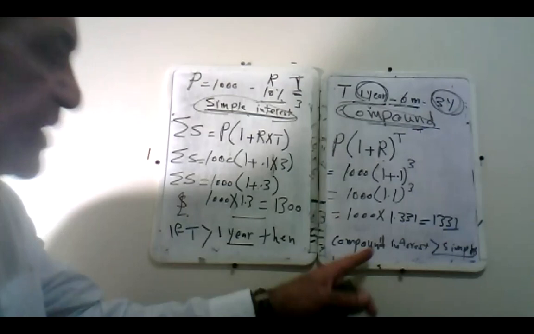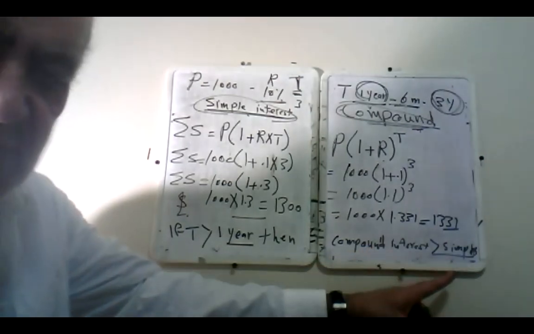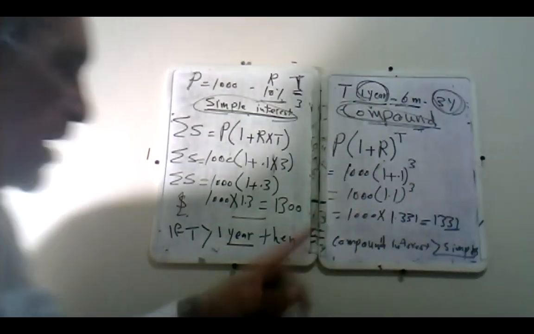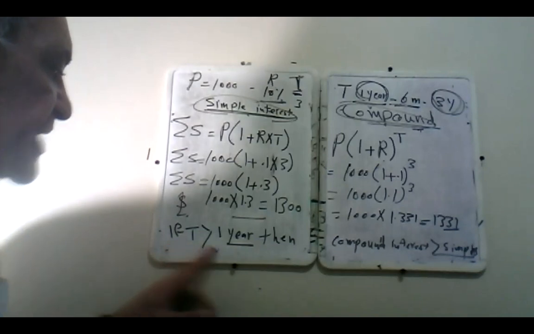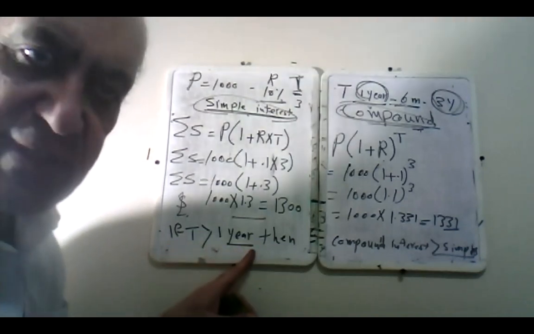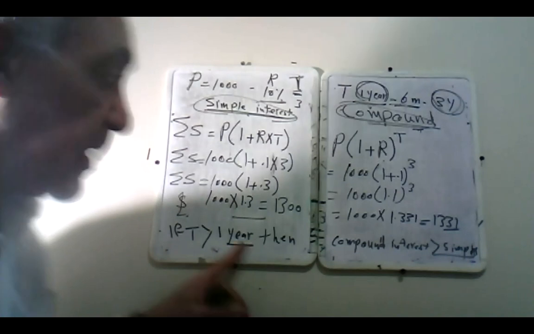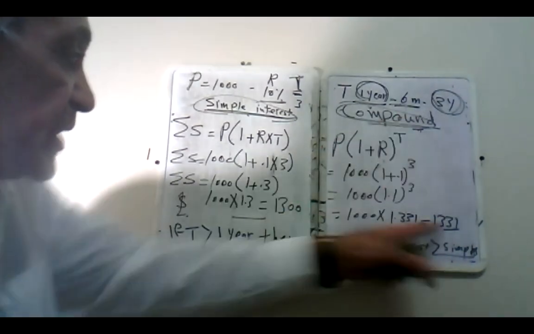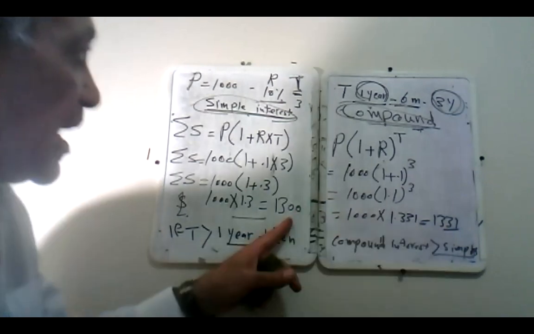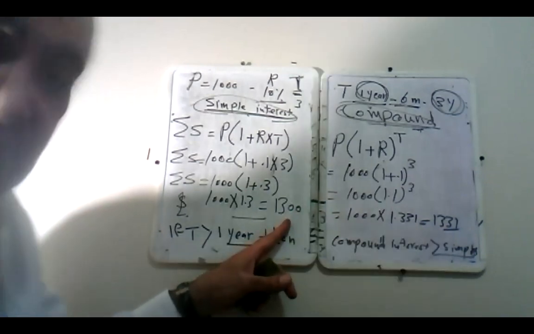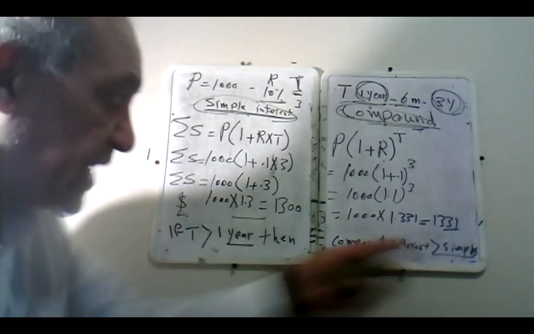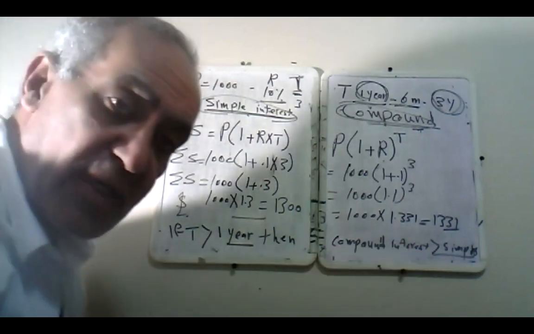So the compound interest will be greater than the simple interest when the t is greater than 1 year. Here it is 3 years, so the compound is 1,331, and the simple is 1,300, so the compound is greater, and that's why it is that way.